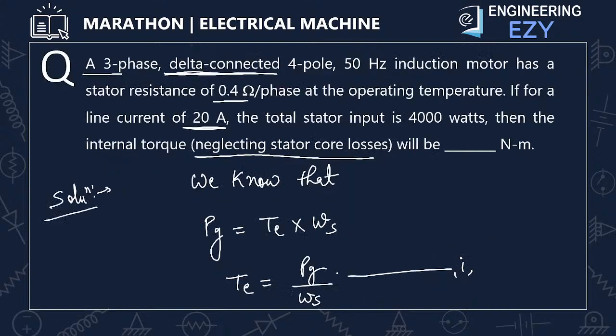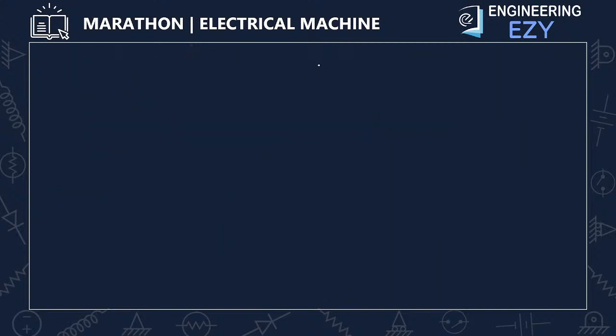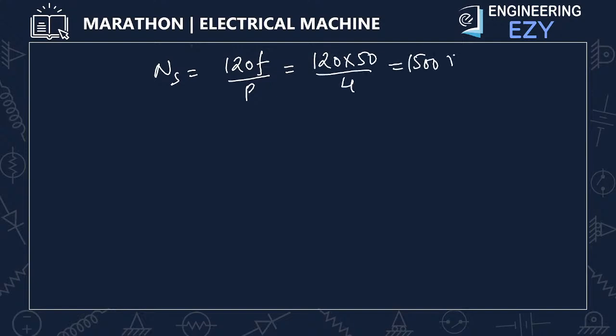Now what is the omega? There is a 4 pole motor, so N_S is equal to 120 f by P. 120 into 50 divided by 4 is 1500 RPM. But we have to calculate omega_S. Omega_S is 2 pi N_S by 60.